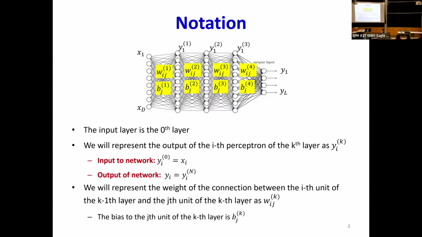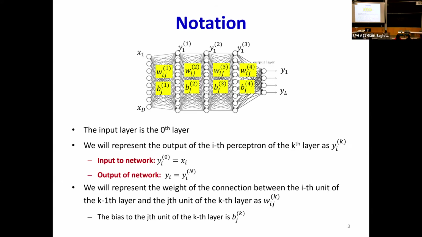So first, some notation. The network variables are all called weights, including the biases, unless I explicitly denote the biases. So if you see something such as W subscript ij superscript 4, it means it's the weight of the connection from the ith neuron in the third layer to the jth neuron in the fourth layer.